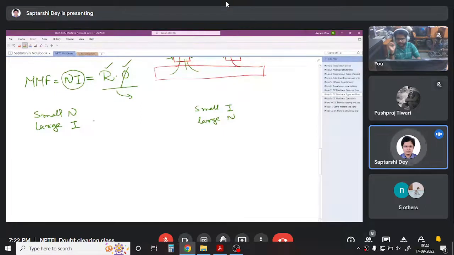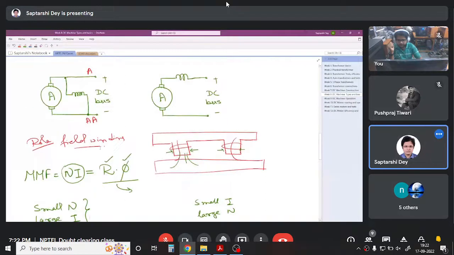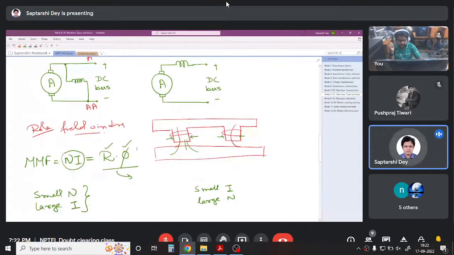If you have the N I product the same, in both cases you will get the same flux out of the field winding. Now the question is in which case which one is chosen? Can you get some idea or some logical guess out of it?